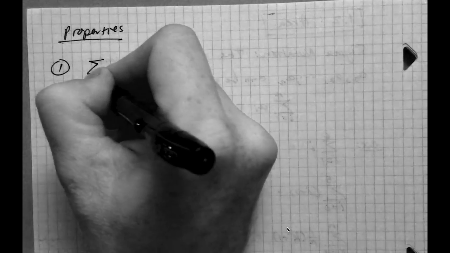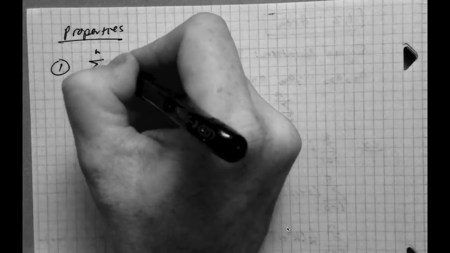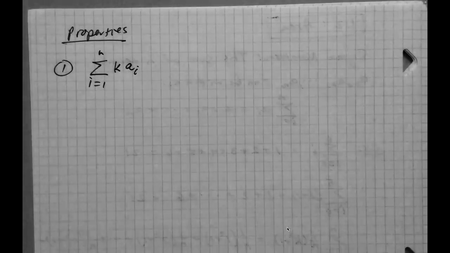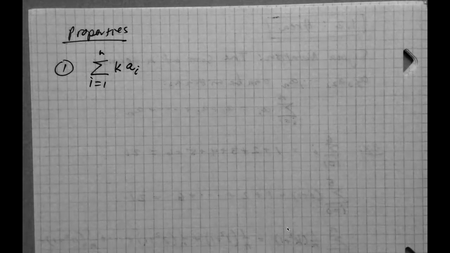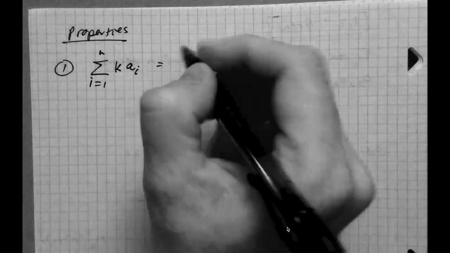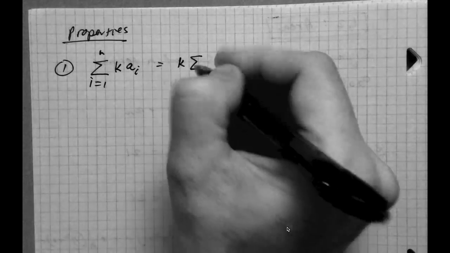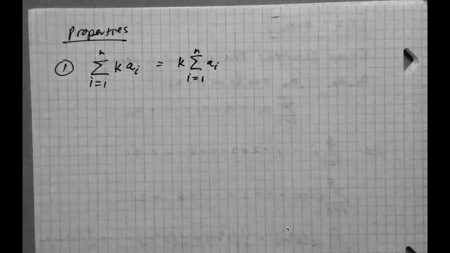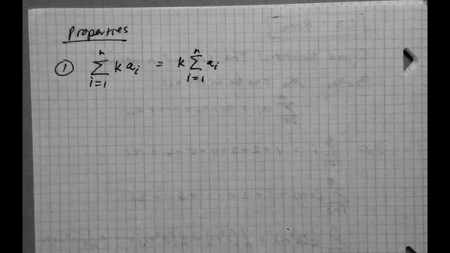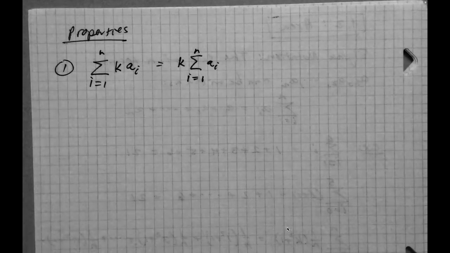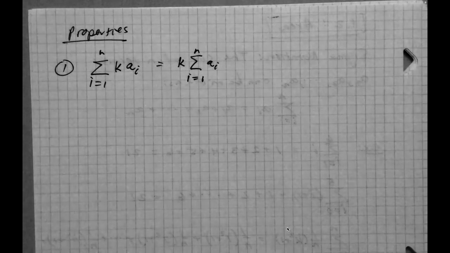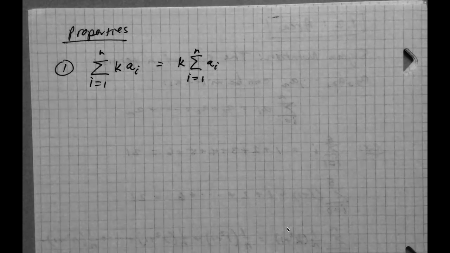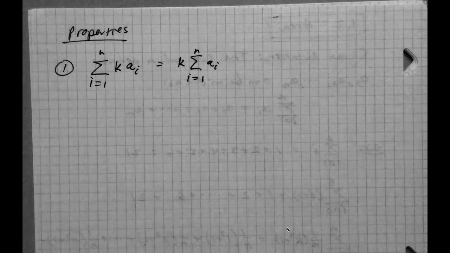If I have some sum, i equals 1 to n, and there's a constant k times some expression ai, then I can factor the constant out of the sum, which means you can pull it out of the notation, like so. This is the example we've seen, first the 1 over n example, and then the last example was the delta x example. So we've seen this one. That one's pretty intuitive. We really just have to expand it to see.